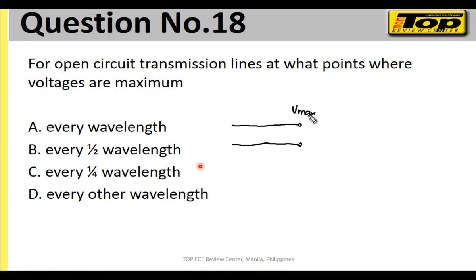Take note, that is the standing wave voltage. Okay. Now, ang hindi natin sinabi ay tuwing kailan. Tuwing kailan siya maximum voltage. Take note, that is kapag ka meron kang quarter wavelength. Okay, so every quarter wavelength, nakakaroon ka ng maximum voltage. Okay? So ibig sabihin, ang sagot, letter C, every quarter wavelength.